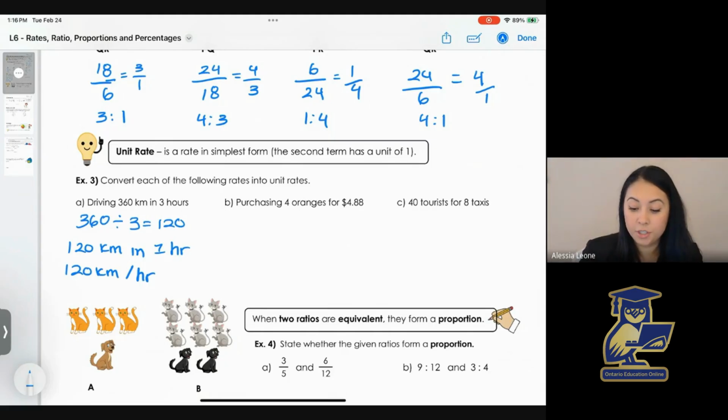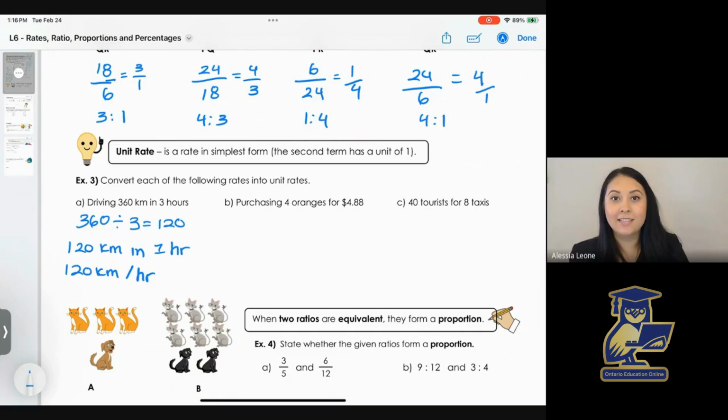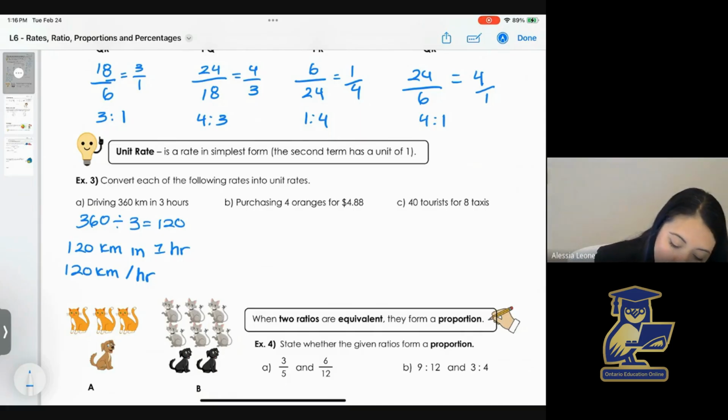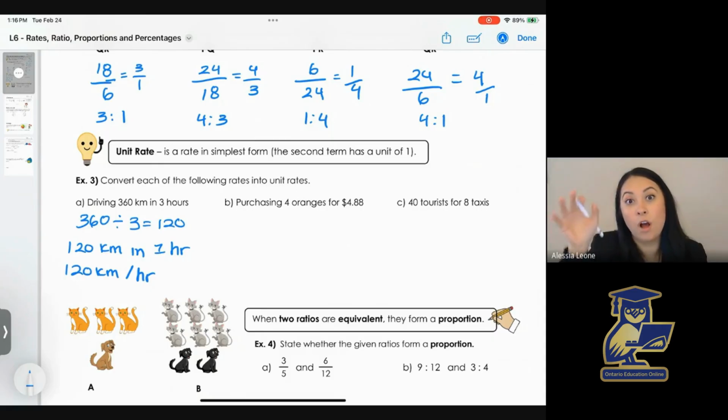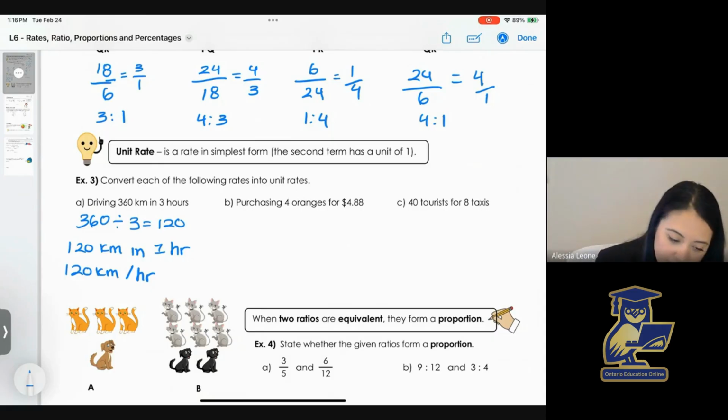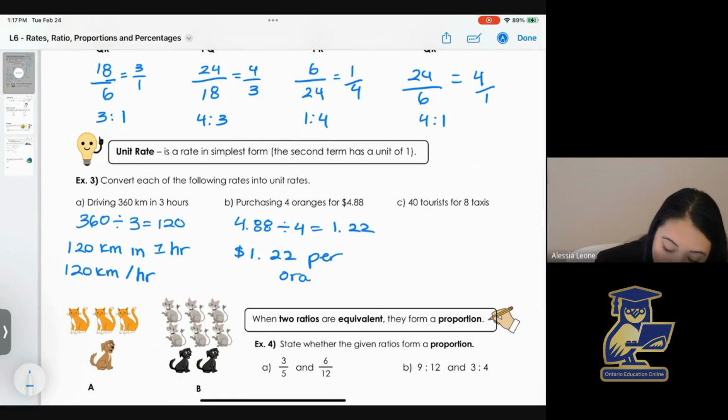Now, 4 oranges for $4.88. How much was 1 orange? We're going to divide that total cost by 4 oranges. And that gives us $1.22. So we're going to say it was $1.22 per 1 orange.